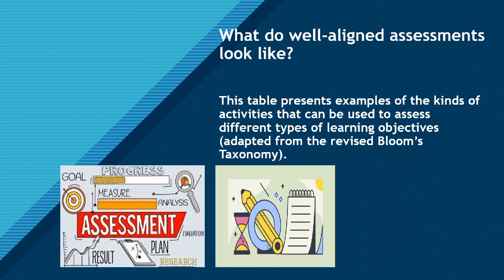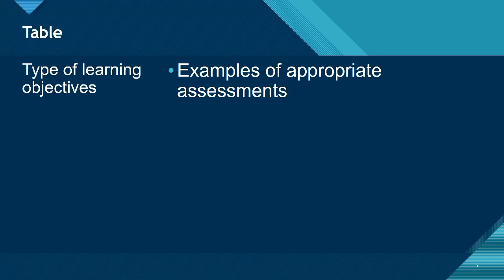This table represents examples of the kind of activities that can be used to assess different types of learning objectives. This is adopted from the revised Bloom's taxonomy. So we have two columns. On the first column are the types of learning objectives, and on the second column are the examples of appropriate assessment.